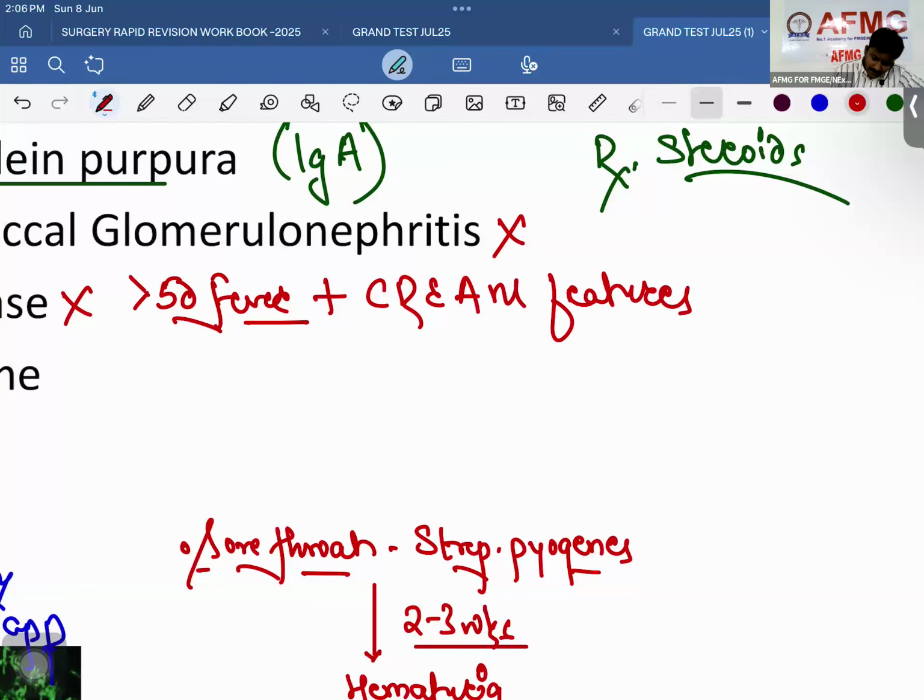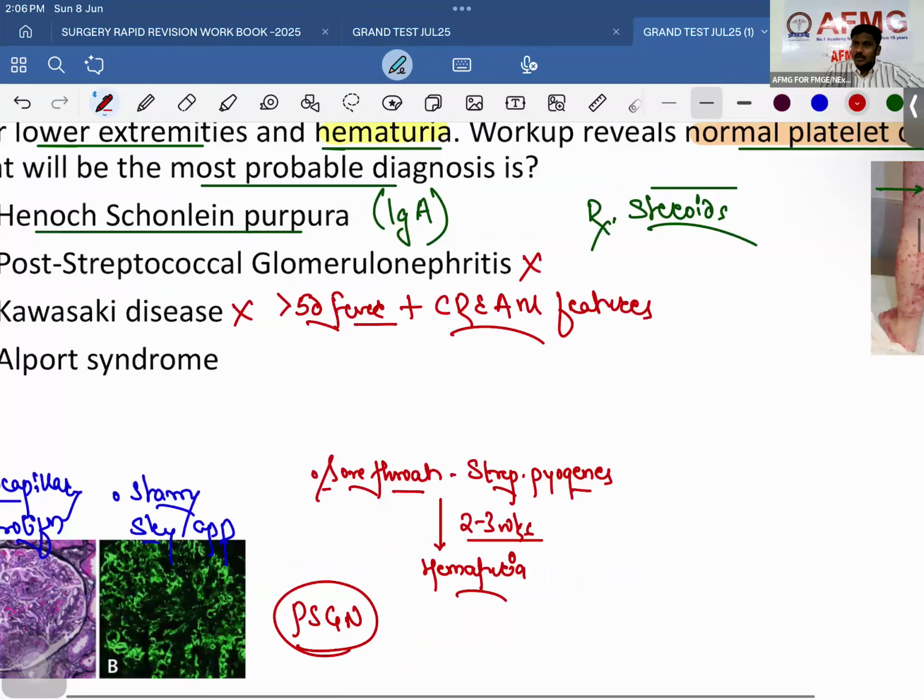R stands for rash, an erythematous maculopapular rash. E stands for edema and erythema. Edema is swelling, erythema is redness, so edema and erythema in the hands and feet. A stands for adenopathy, that is a unilateral cervical lymphadenopathy. And M stands for mucosal involvement, that is, which tongue? Strawberry tongue.